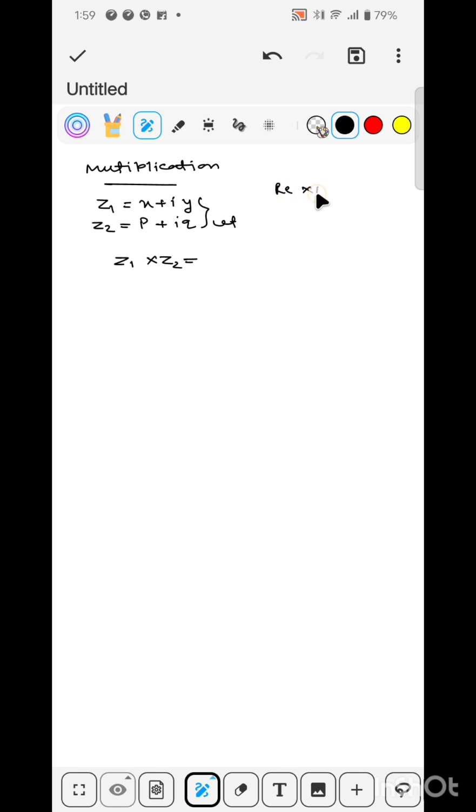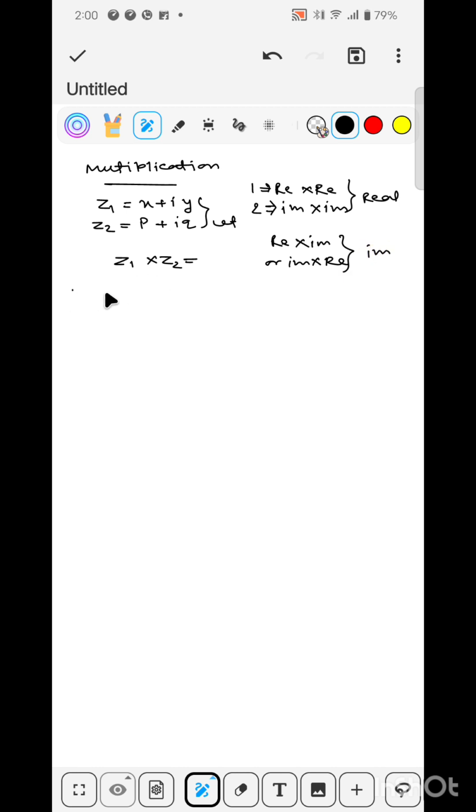Real into real and imaginary into imaginary, these two parts are real, and real into imaginary or imaginary into real, these two parts are imaginary. That means z1 you multiply z2.